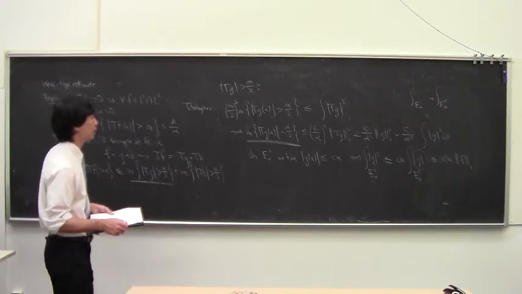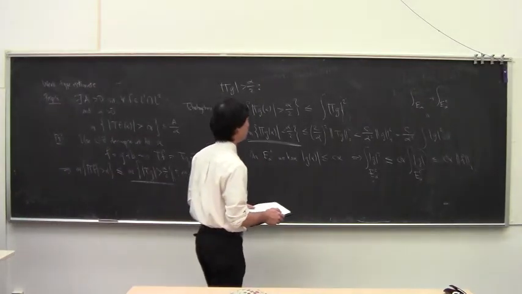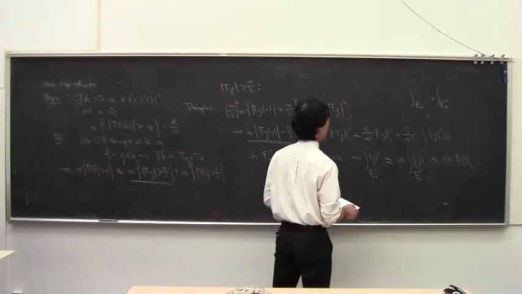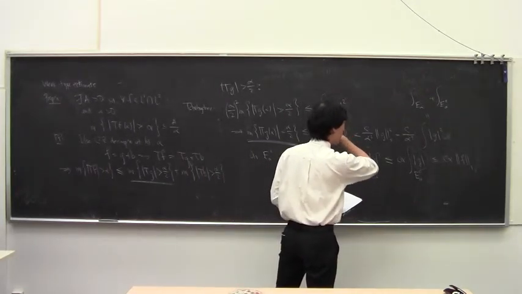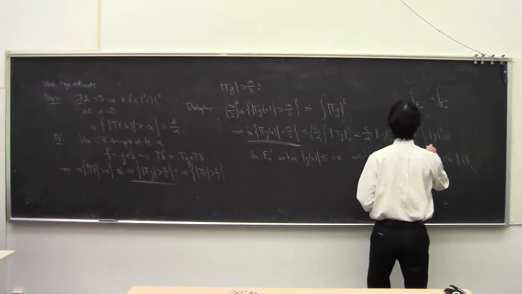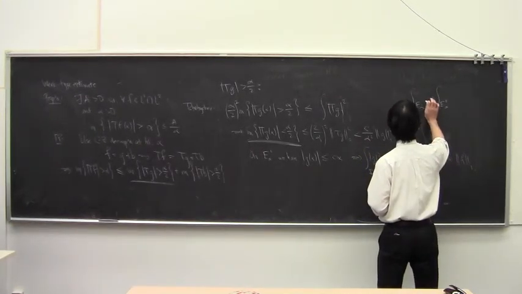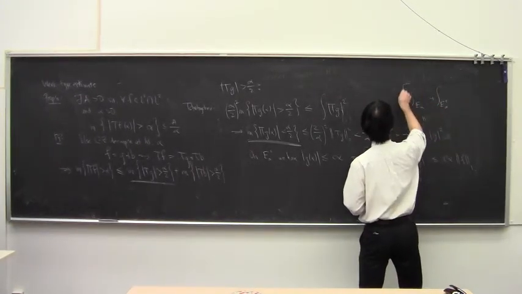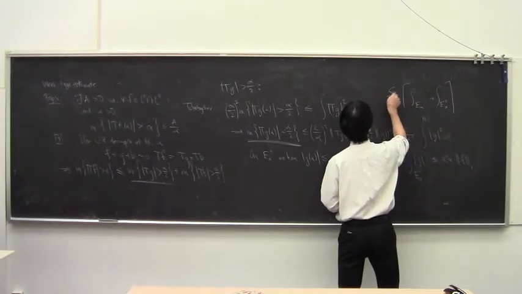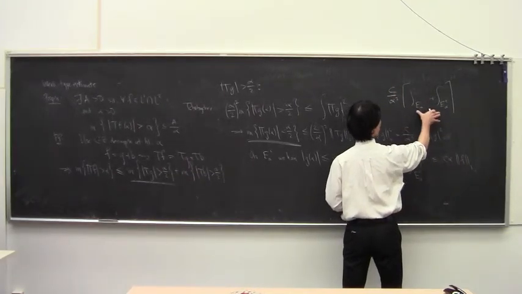Okay, so that's good, right? What we have right now is that this thing equals C over alpha squared times the sum.